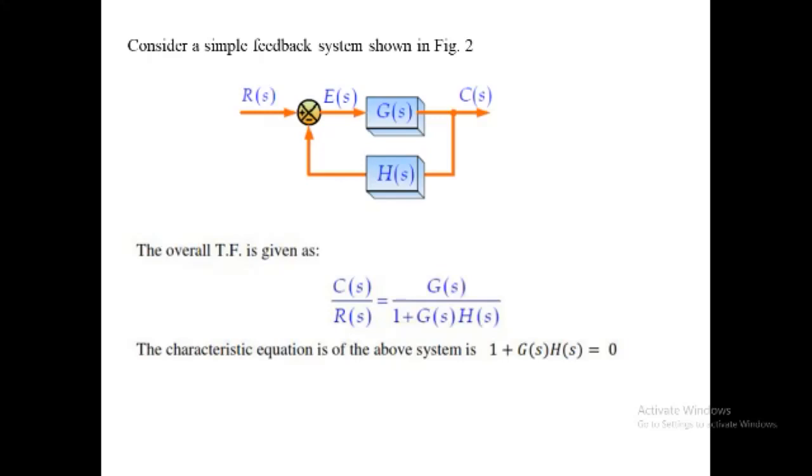Number one, all the coefficients, that is A0, A1, ..., A(N-1), AN, should have the same sign, where none of the coefficients vanish. That is, all the coefficients of the polynomial should exist. In this way, we judge the absolute stability of the system.